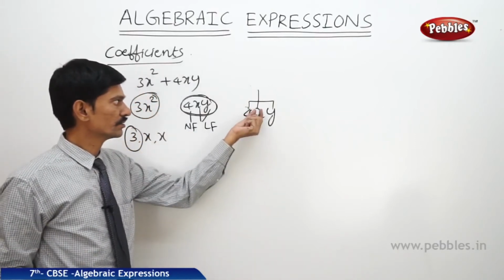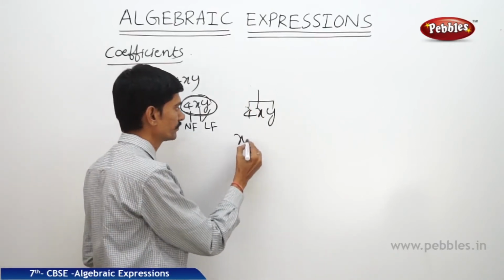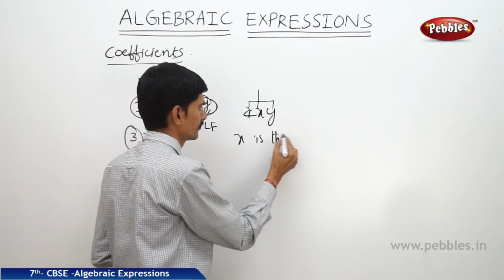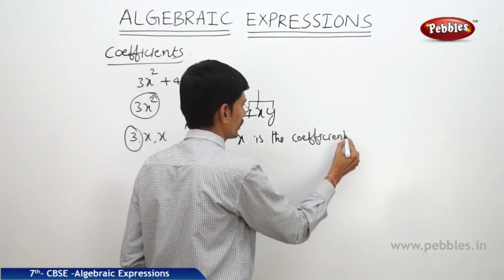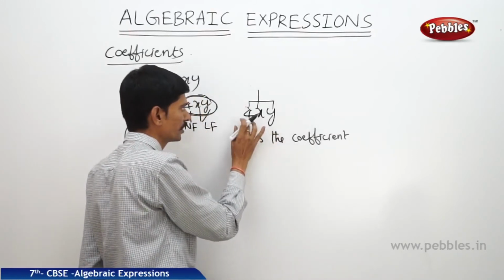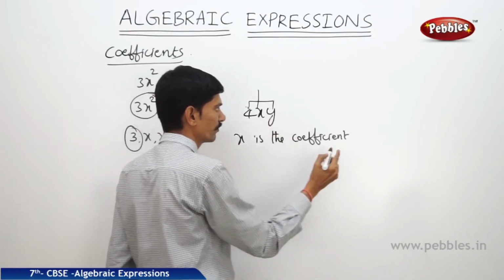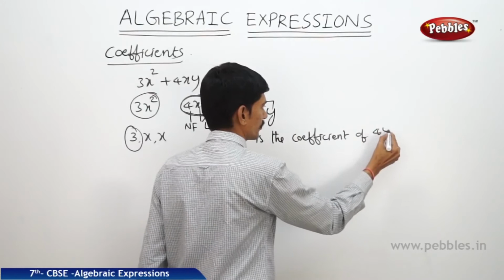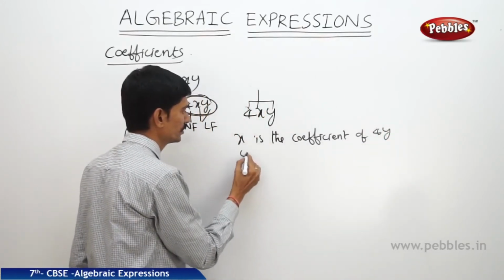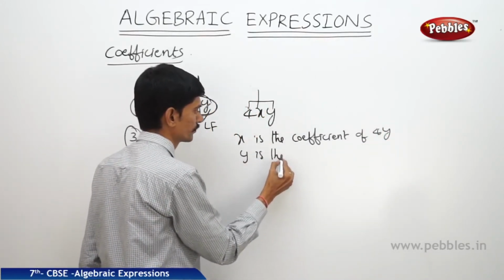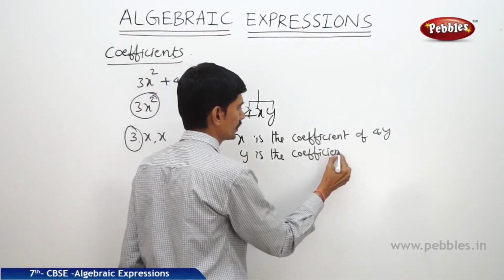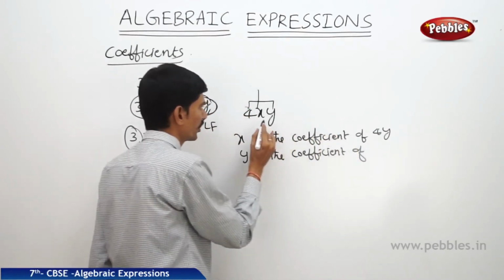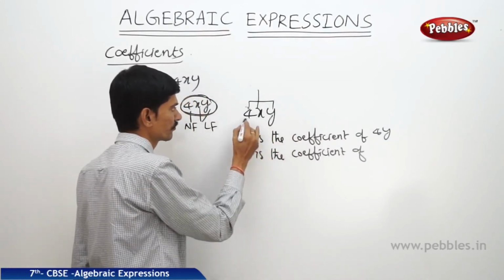Here x is the coefficient of the product of the remaining terms, 4 into y, 4y, and y is the coefficient of the product of the remaining terms 4x.